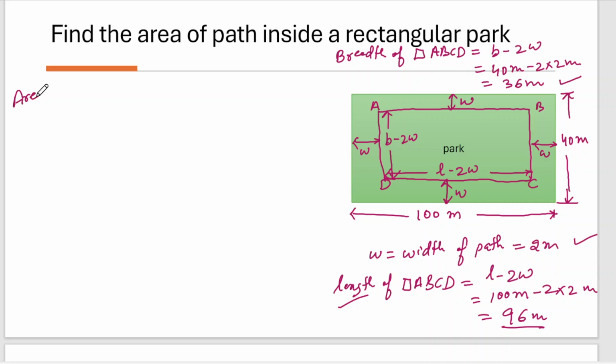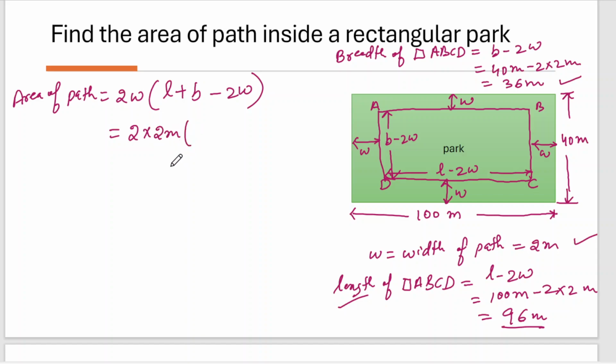So area of path equals 2W (L plus B minus 2W). So it is 2. What is W? W is how much? 2. It is given 2 meter, and the length of the park is given as how much? 100. So you don't have to calculate all these things. I have just shown you how you can find the length of rectangle if you don't know the formula.